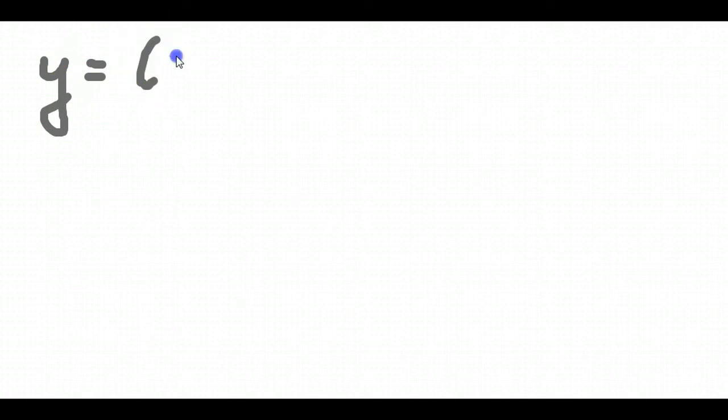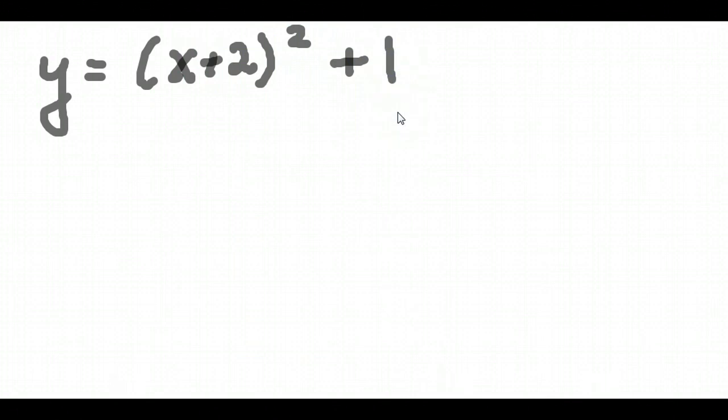It's on 322C. Great. Okay, so now we need to analyze the graph y equals (x plus 2) squared plus 1, and then draw its graph. Well, this is all done for us, so we're just going to look at it.